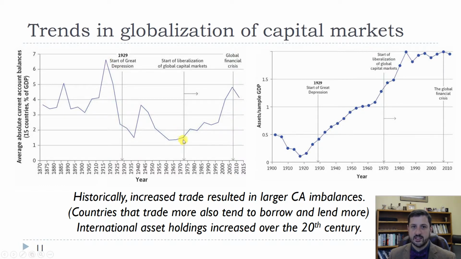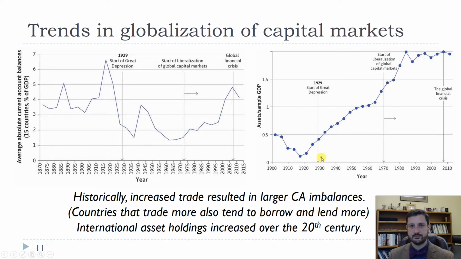It fell during that deglobalization period, and then rose again during the globalization 2 period. And then here we have assets divided by an average GDP, and you can see that that is increasing as well. And so the current account imbalances tend to increase as trade increases. And so some countries are borrowing more, some countries are lending more. And those international asset holdings, so US holding assets abroad, other countries holding US assets, has increased over the 20th century.